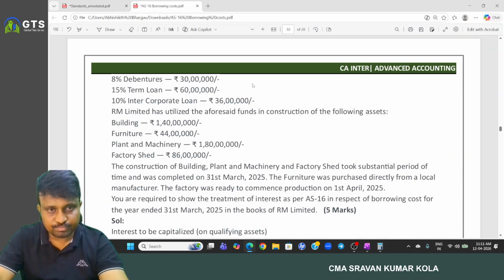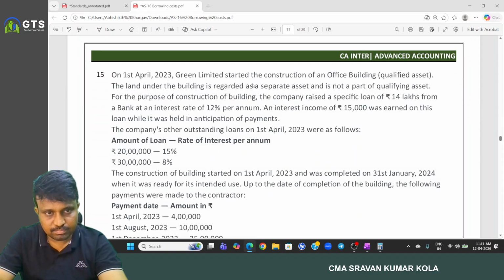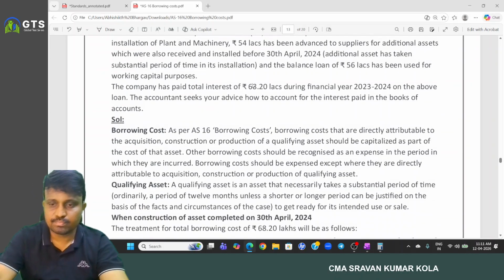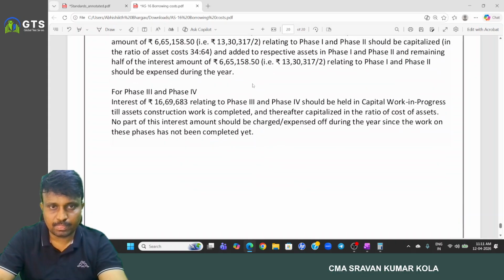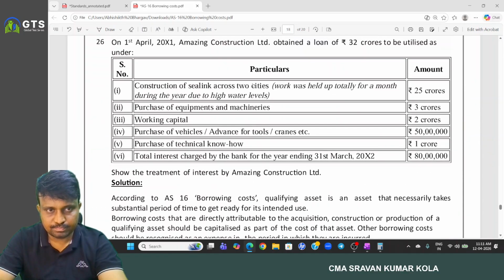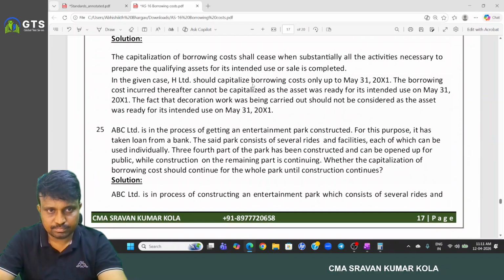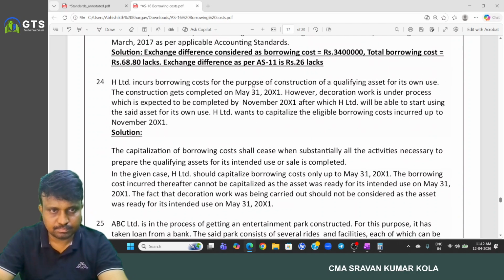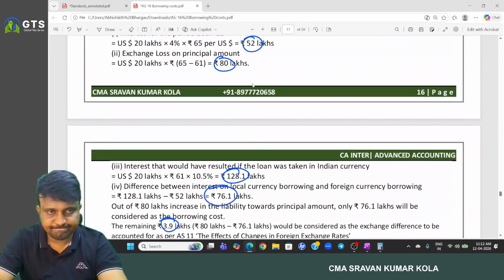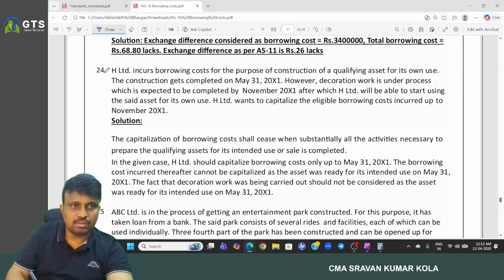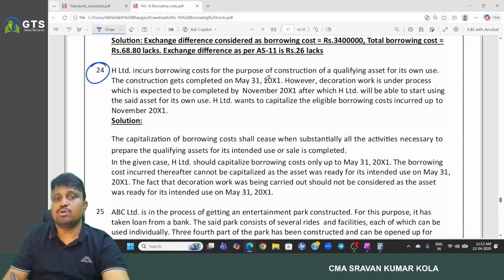For example, H Limited incurs borrowing costs for the purpose of construction of a qualifying asset for its own use.